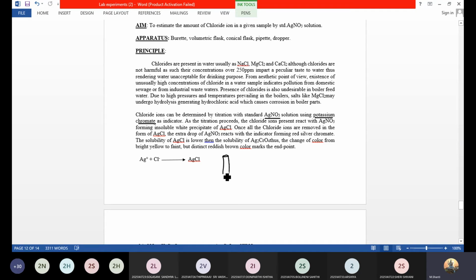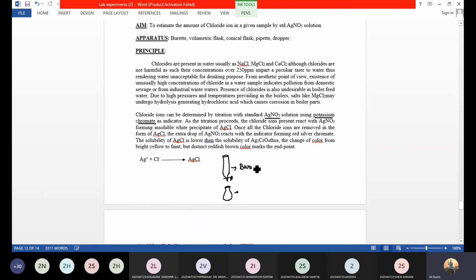What is this called? Burette and conical flask. Very good.